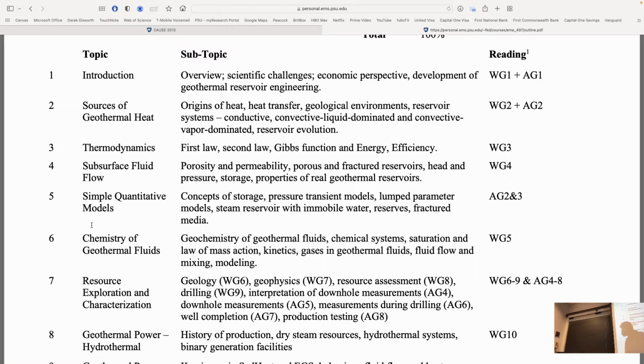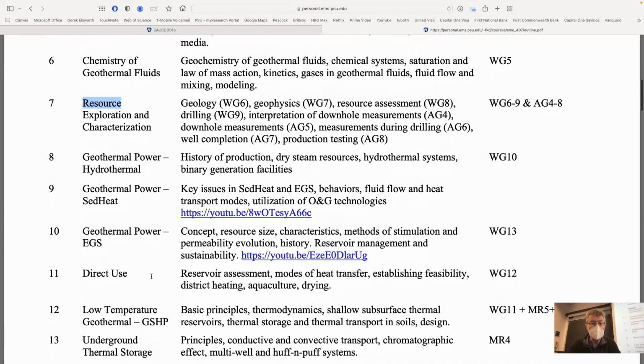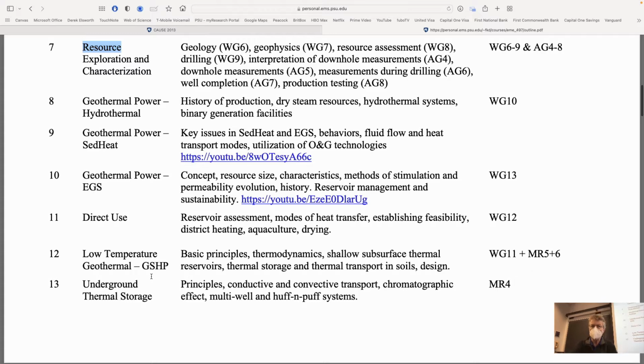From now on, we'll stand back and talk about the bigger picture, how that fits into the bigger scheme of things. So today is week 7, and up to now we'll talk about really the appraisal, if you like, of geothermal reservoirs.